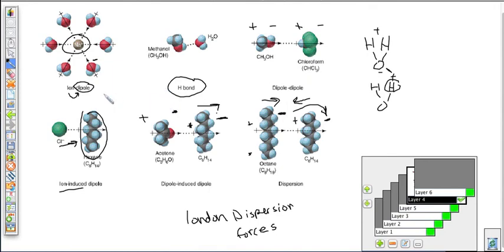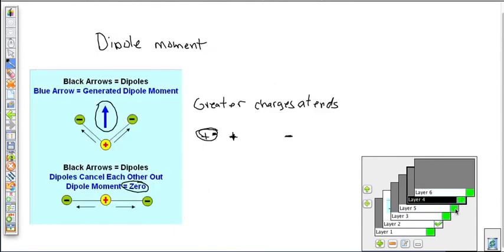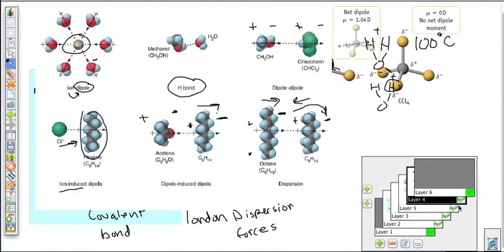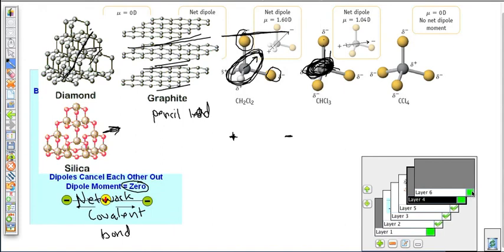Anything that depends on London dispersion forces is going to have a very, very low boiling point. Anything that is a typical dipole will have a fairly high boiling point, depending on where it is. Water, we know, boils at 100 degrees Celsius. It's a real common dipole. Some of the alcohols boil at lower temperatures. And then something like diamond, you can imagine how high a diamond's boiling point is.